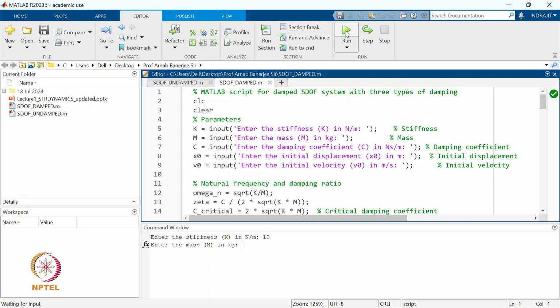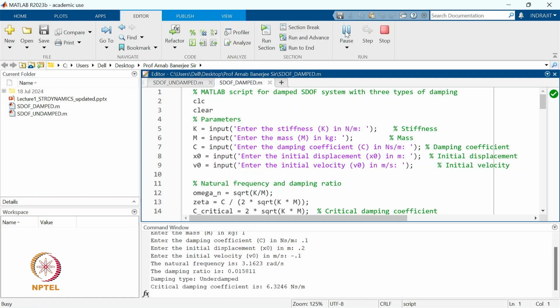Then maybe 1 in kg. Then enter the damping coefficient. Let's first put maybe 0.1. Then the initial displacement, maybe 0.2. And initial velocity maybe minus 0.1.